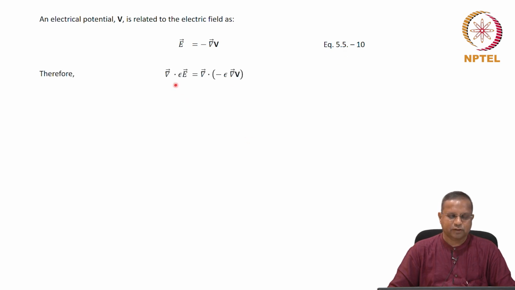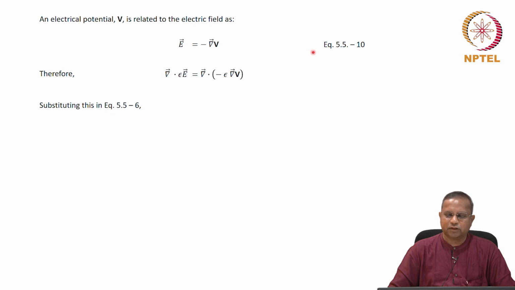Therefore, del dot epsilon E, we are multiplying both sides by epsilon and then taking the del, equals del dot of minus epsilon del V.